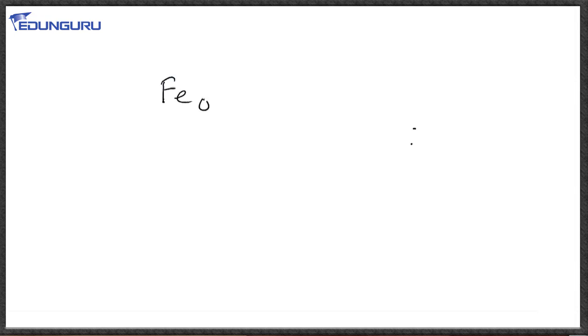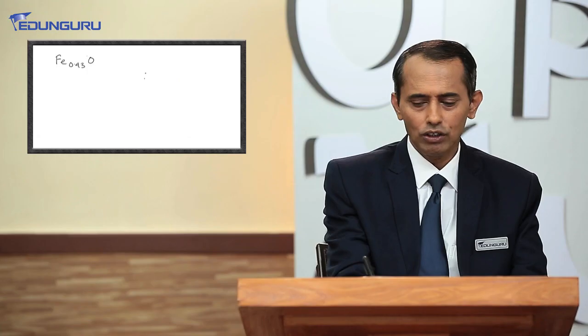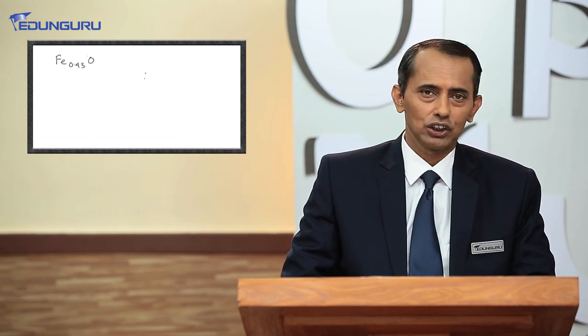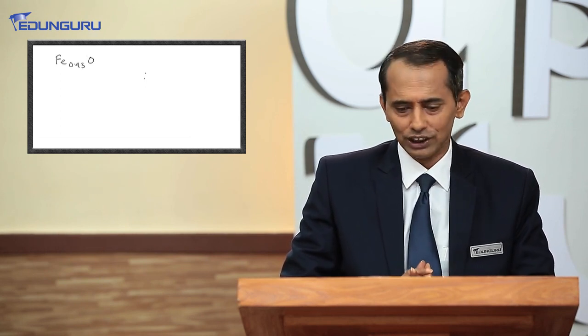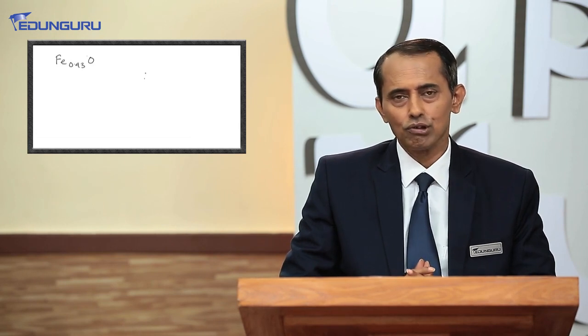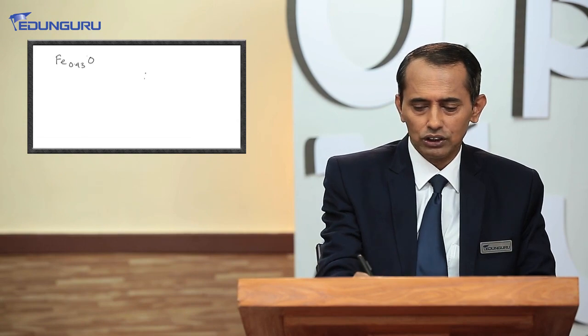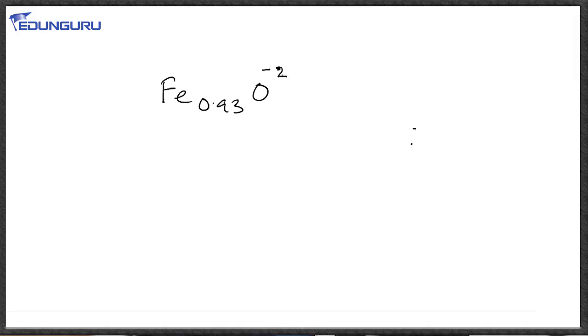But as I told you, this question came in IIT. Fe0.93O is a compound in which iron is not only in +2 or only in +3, it is mixed. So, it is basically a mixed oxide, and you have to understand that the charge on the oxygen atom is -2, which we call the oxidation number.